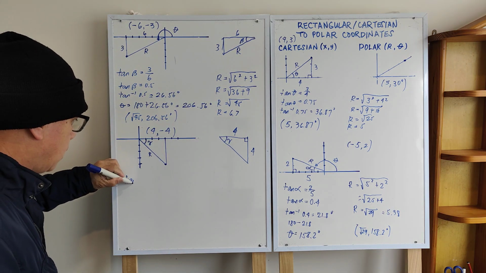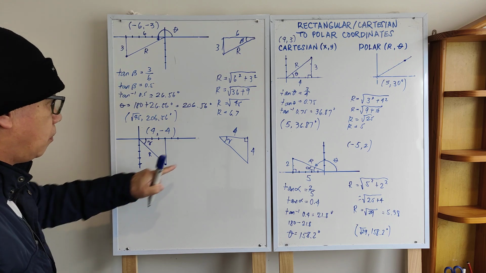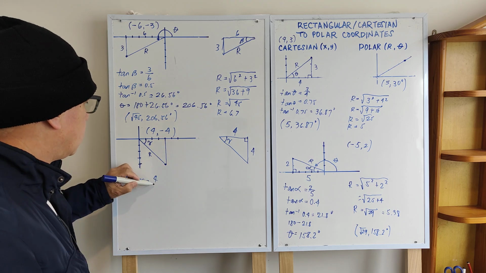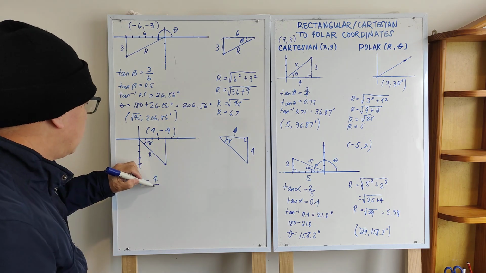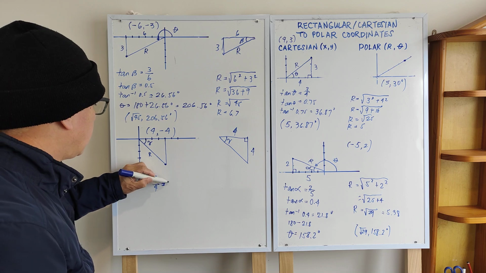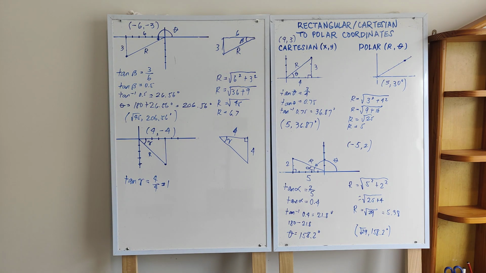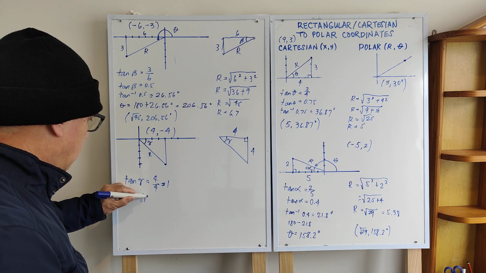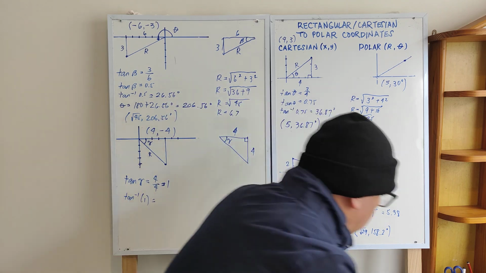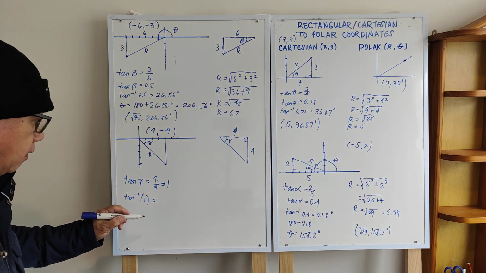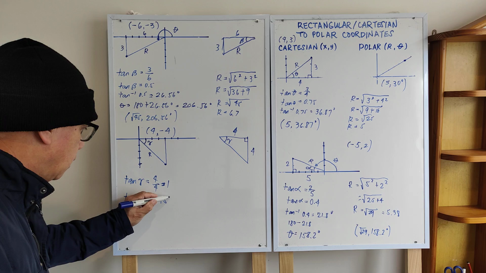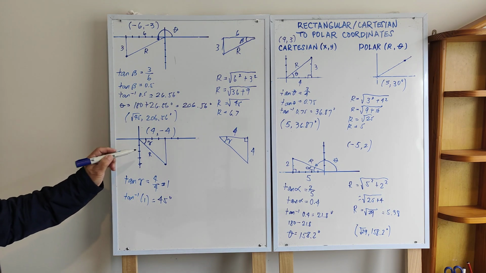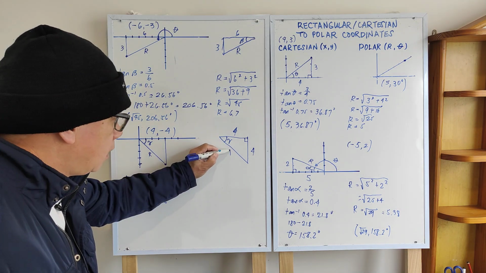So tangent gamma is equal to opposite, which is 4, over adjacent, which is also 4. So 4 divided by 4 is 1. To get the angle gamma, the inverse tangent of 1 is equal to 45 degrees. So we got your angle. Now we need to get this r.